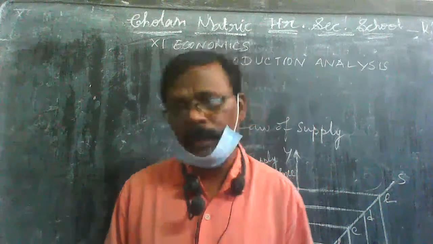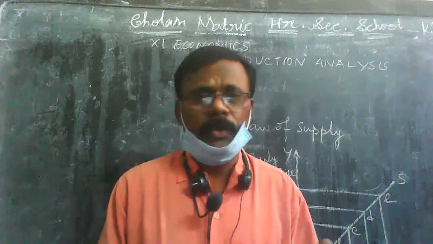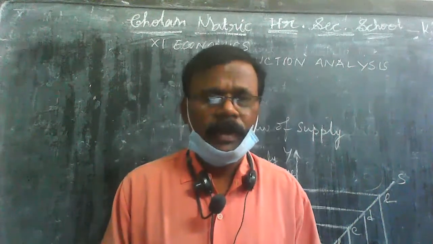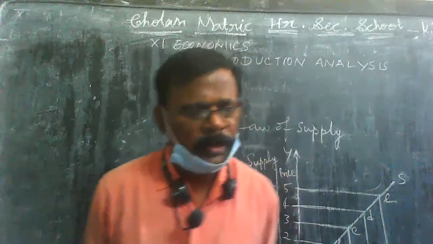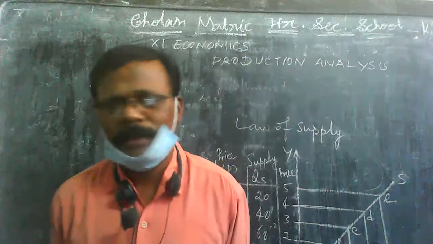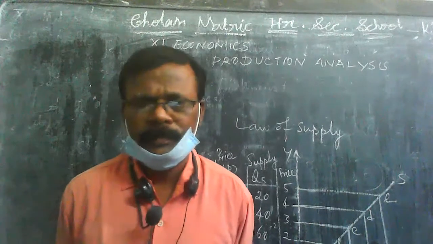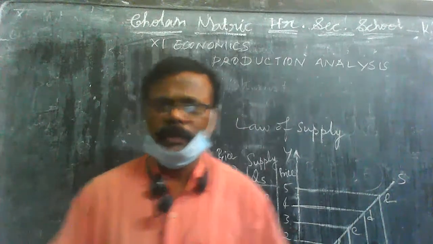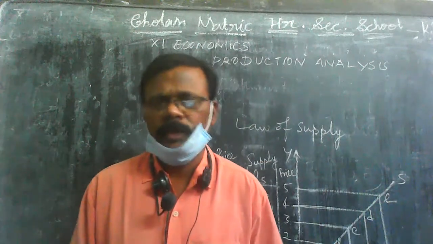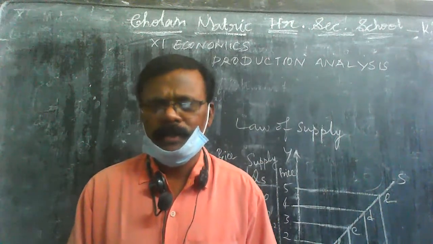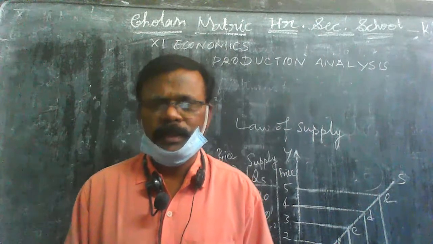And next is discovery of new raw materials. Then new advanced technology. Then taxes and subsidies. Then how a firm wants to maximize its production. So these are the factors which determine the supply.